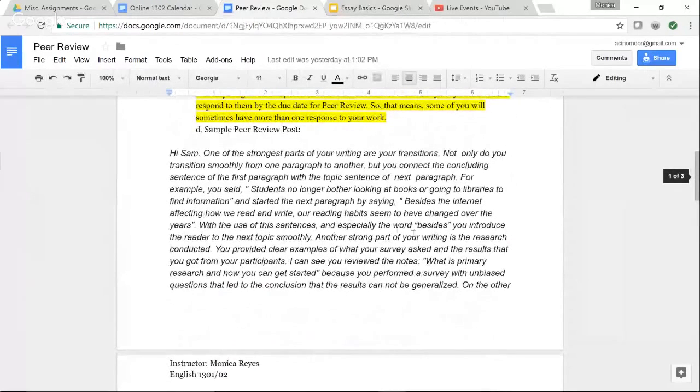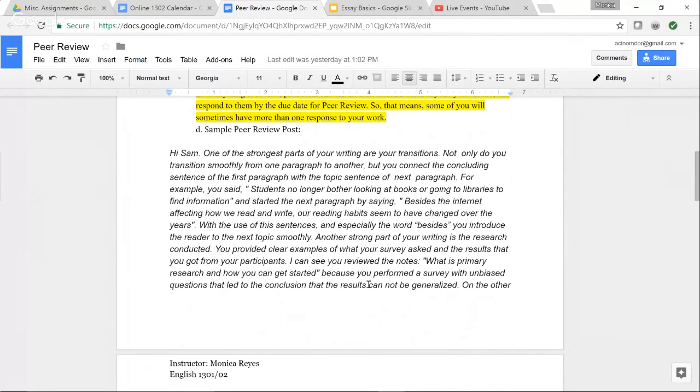You can find that at the end of the peer review instructions. That sample is specific and helpful because it leads the student back to resources that they can review to improve their writing, or it tells the student what they read or saw very carefully that helped them with their writing.